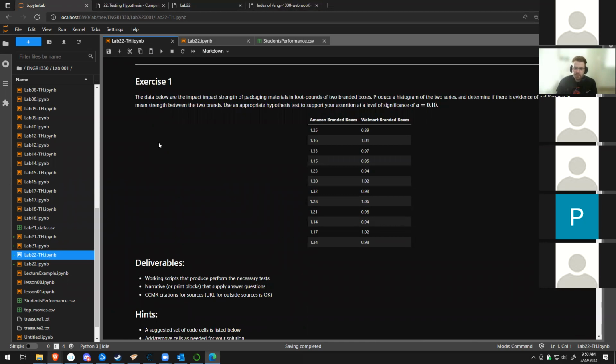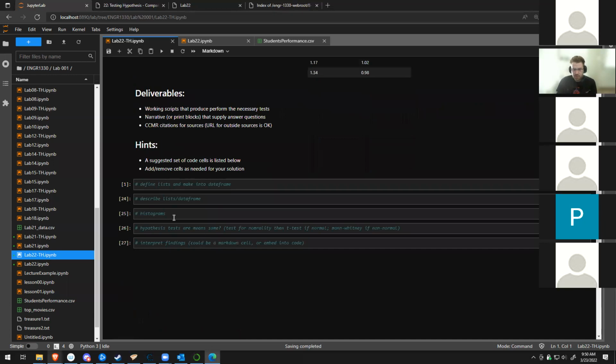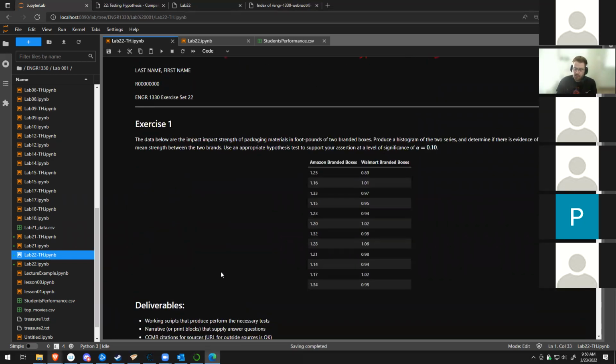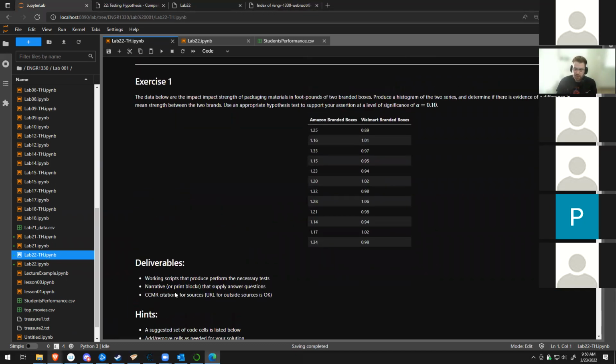Just like we had last time, we have boxes from Walmart and Amazon. And what we want to do, rather than do all the, you're going to be doing a lot of the same thing. I think, in fact, these 3 are the same. But in addition to doing the visual plotting and all that fun stuff, we actually want to run the test. Now notice we have an alpha of 0.1.